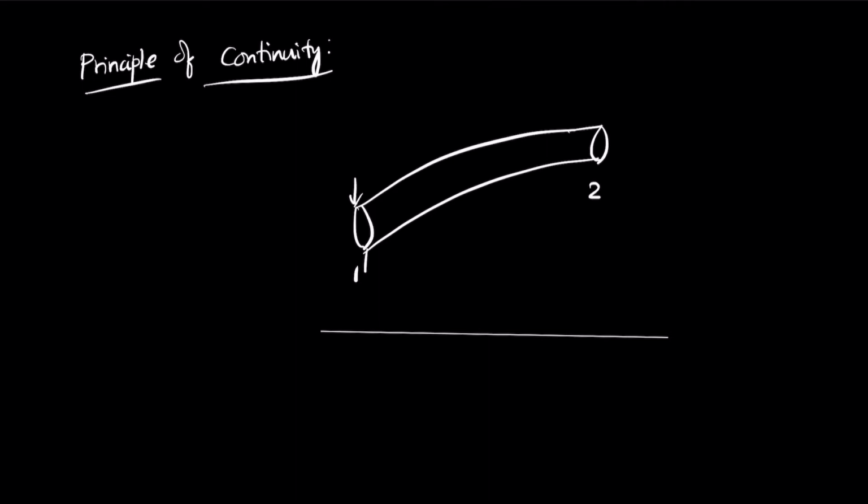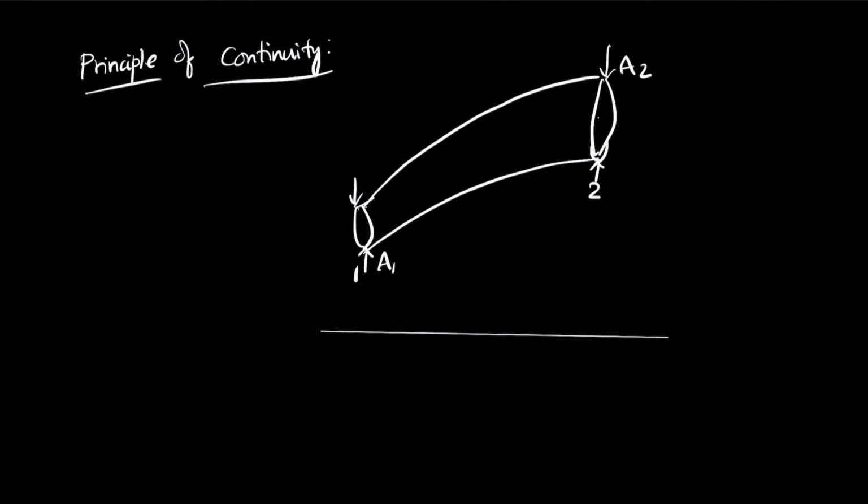Let's consider that the area here is A1 and the area here is A2. Now let's say the fluid enters at point 1 and exits at point 2. The fluid enters with a velocity v1 and exits with a velocity v2.